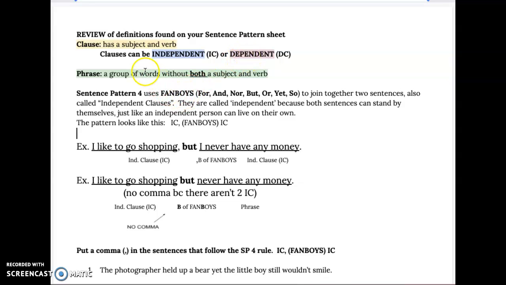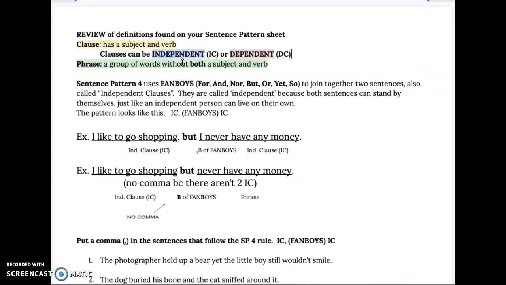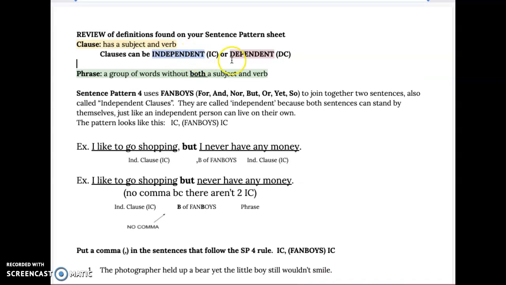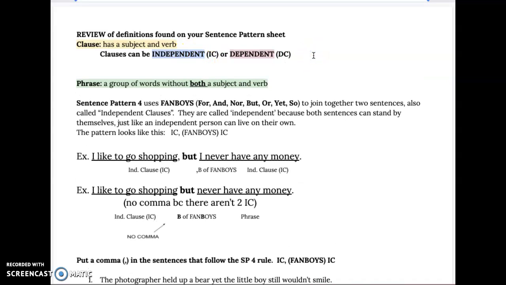All right, so with that being said, clauses can be independent and dependent as well. A clause that can stand on its own is independent. So a sentence is independent.